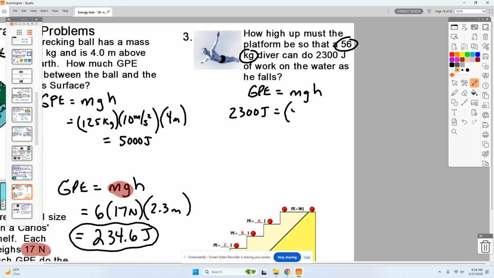That's math, so I have to multiply that by G. I'm going to make G be 10. And so that'd be 2,300 divided by 560.